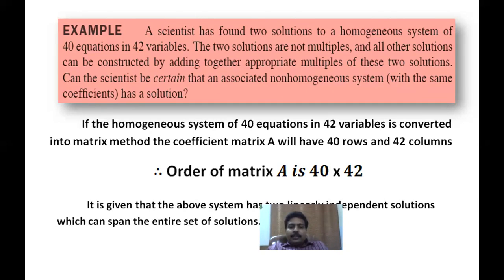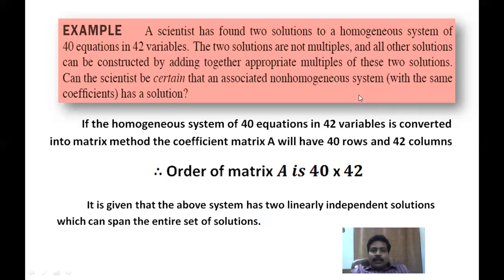It is given that the above system has two linearly independent solutions, so one is not a multiple of the other. And all other solutions can be constructed by adding together appropriate multiples of these two solutions.